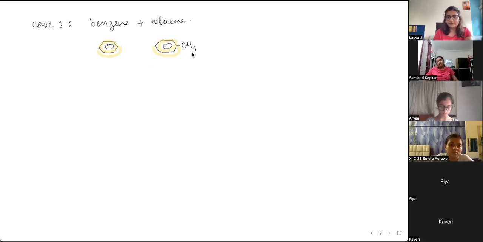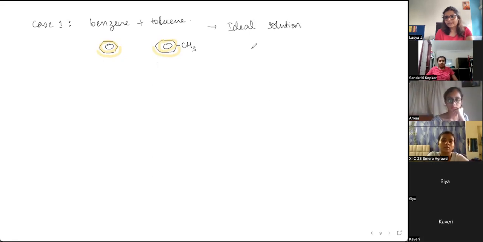It's going to be the same because molecular masses are comparable, only one CH3 of difference. In terms of structure also, both have the same resonance. So benzene and toluene are an example of an ideal solution. When you mix them, it's close to ideal.